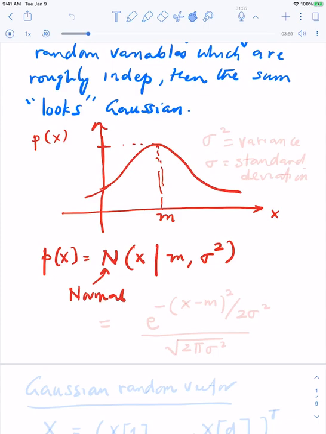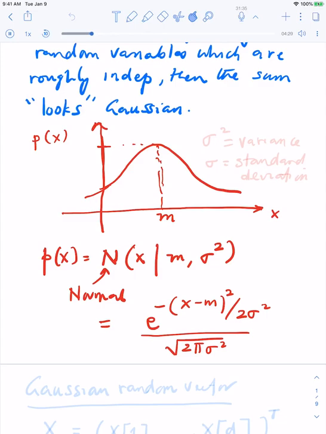And let me write down the form of the density. It's exponentially decaying as this. Basically, I'm looking at the deviation away from the mean, x minus m, and squaring that. The sign does not matter, only the size matters.